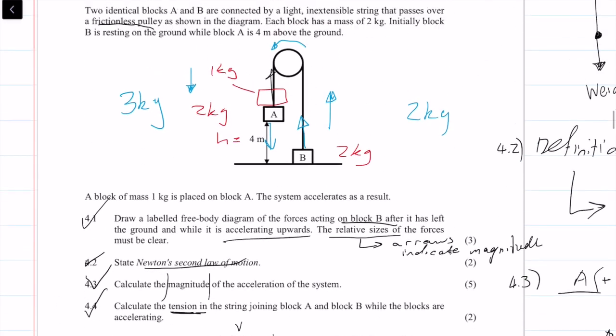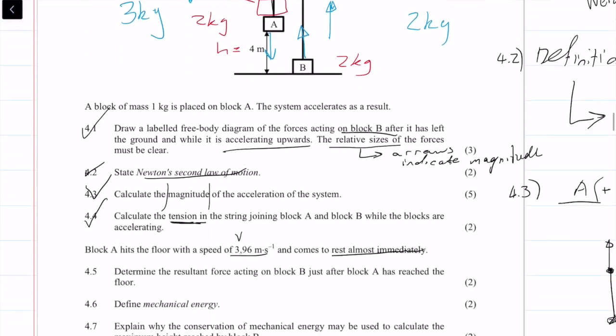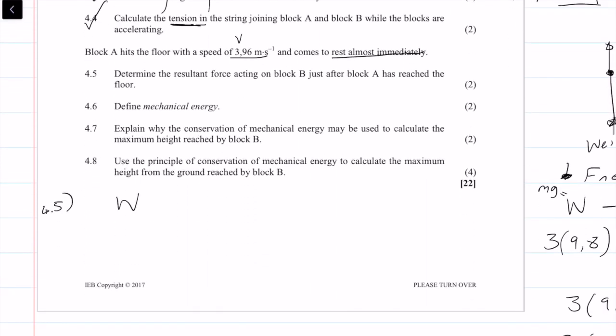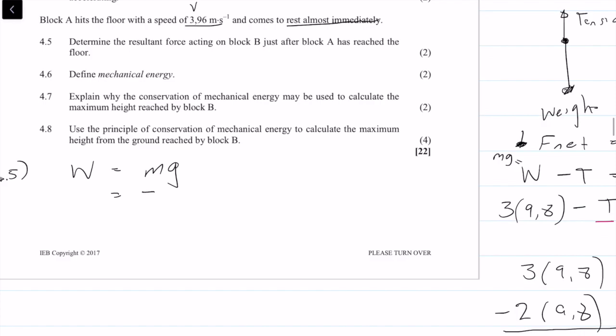Once block A reaches the floor, the resultant force is going to be the weight. So the force is weight, which is mass times gravity, the mass of block B, which is 2 kilograms, times 9,8, which is equal to 19,6 newtons. And that's the answer there.